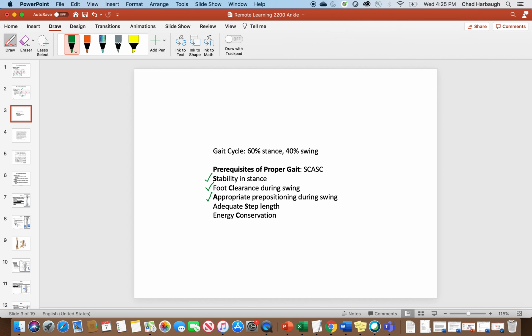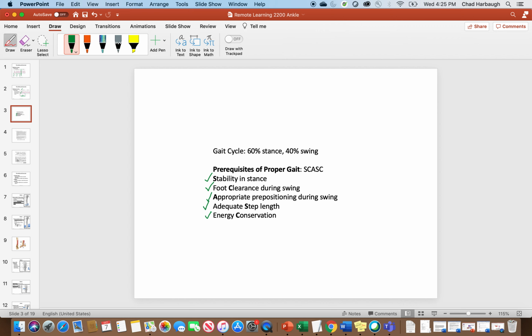We should see appropriate pre-positioning during the swing phase. So what that means is being able to position the limb into the contact or heel strike after the swing. There should be adequate step length. We should see an equal step length between left and right. And we should finally see an energy conservation.